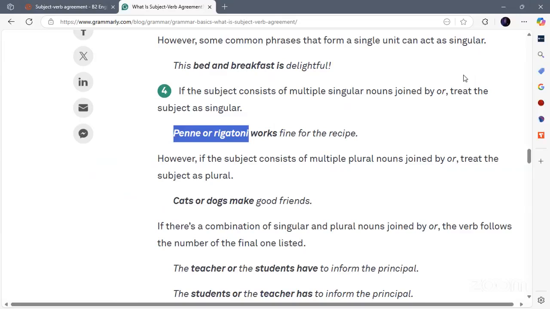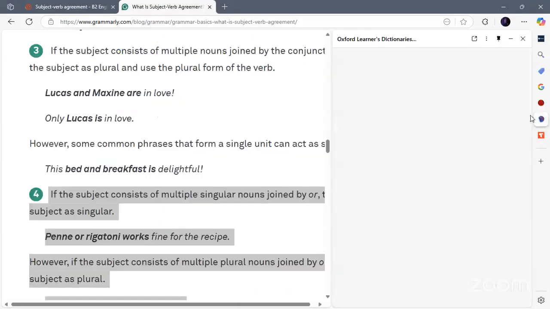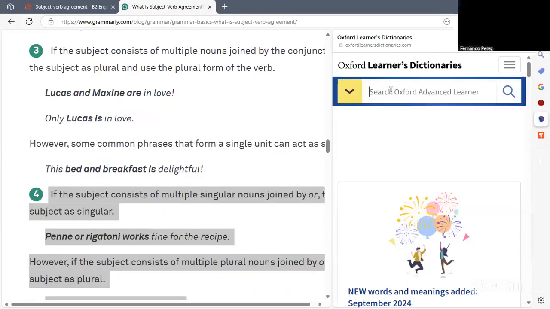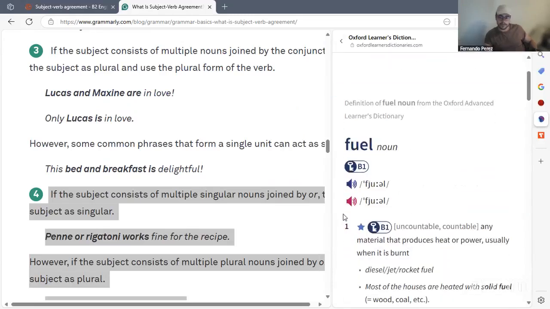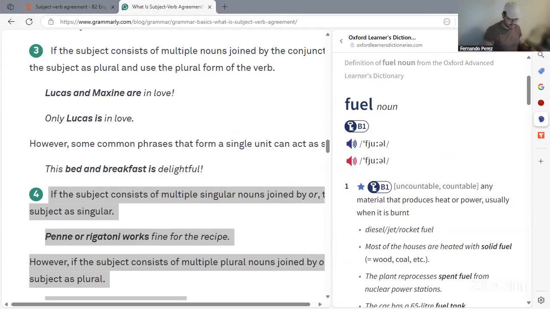Food works as fuel. Exactly. Food works. You see? That's the same concept. Exactly the same concept.